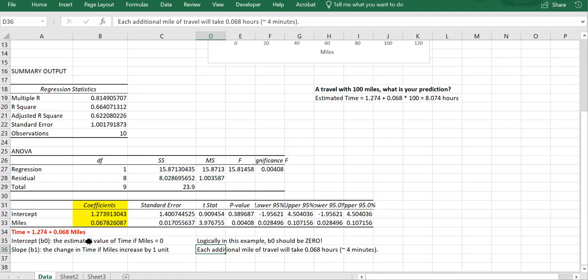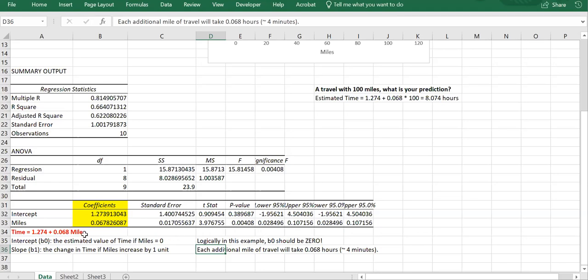That also takes some time that we don't have here. That may also contribute to this large B0, the y-intercept, that logically should be 0, and it's not the case. It's actually a significantly positive number, which we don't like. So that's one reason.